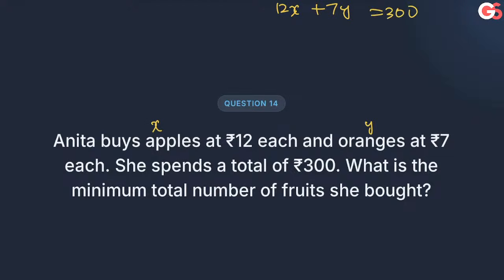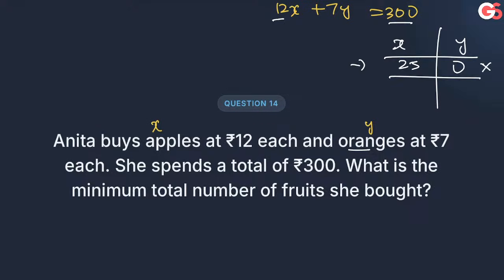Minimum total number of fruit she bought, minimum. यहाँ पे एक चीज बताओ तुम्हें, 312 से डिवाइड हो रहा है, डिवाइड हो रहा है तो बल्ले बल्ले हो गई है कि नहीं? 25 times. तो x और y अगर मैं लेता हूँ तो x 25, y 0 is a solution. लेकिन ये पॉसिबल नहीं कि ऑरेंज कम से कम उसने एक खरीदा होगा, but एक सोल्यूशन तो है ही, ये पॉसिबल नहीं है. पर इससे हमें बेस मिल गया आगे बढ़ने का. अब x का वैल्यू साथ साथ कम होता जाएगा, 18, y का 12 12 बढ़ता जाएगा. Is that right?